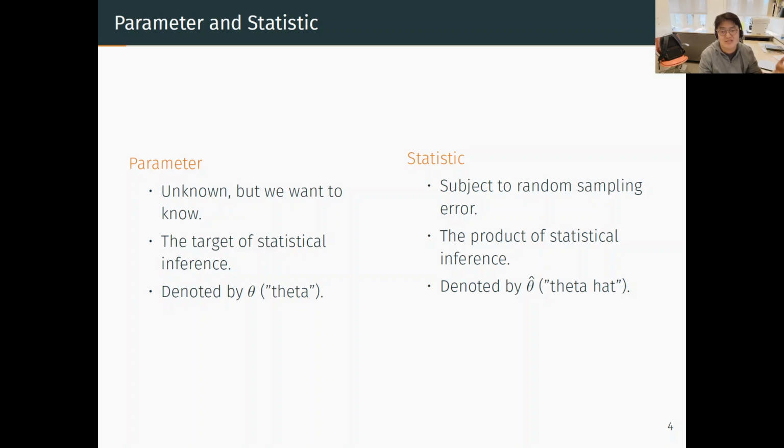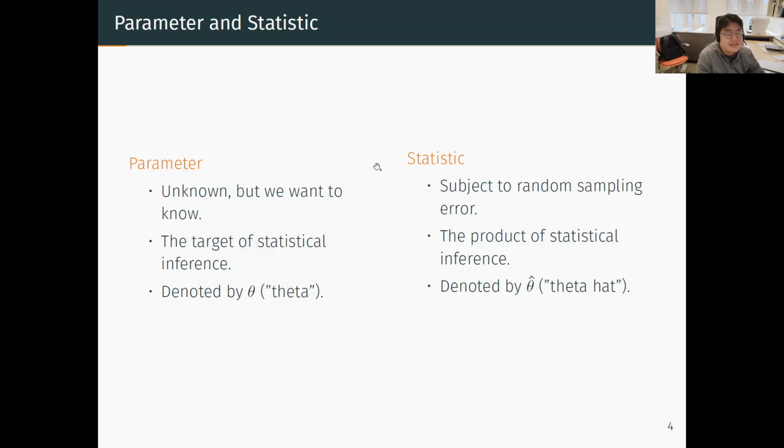You don't need to use any statistics to guess something that is known, right? It does not make any sense. So it is unknown, what we want to know. And so it is the target of any statistical inference. We are going to target a parameter. So usually it is denoted by theta generically. Theta, the Greek letter, is often used as the target parameter.